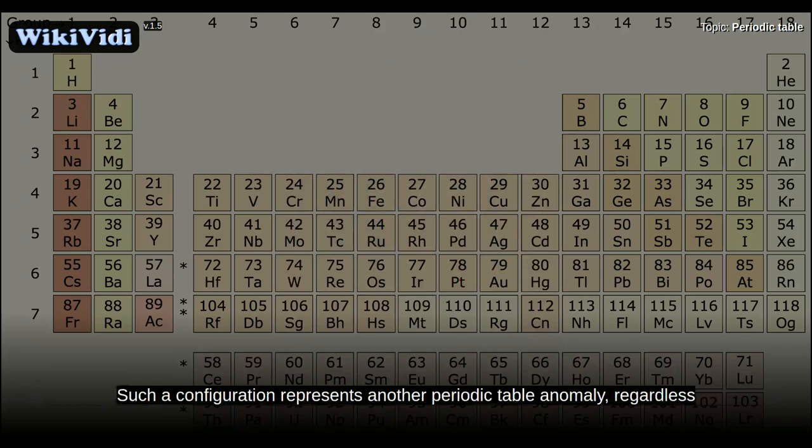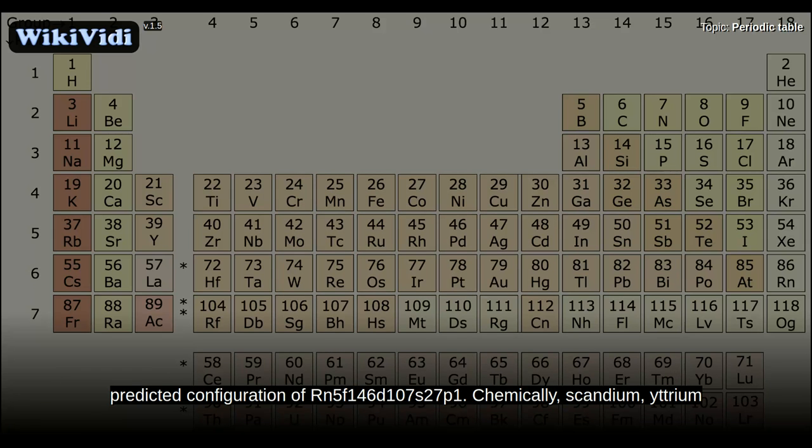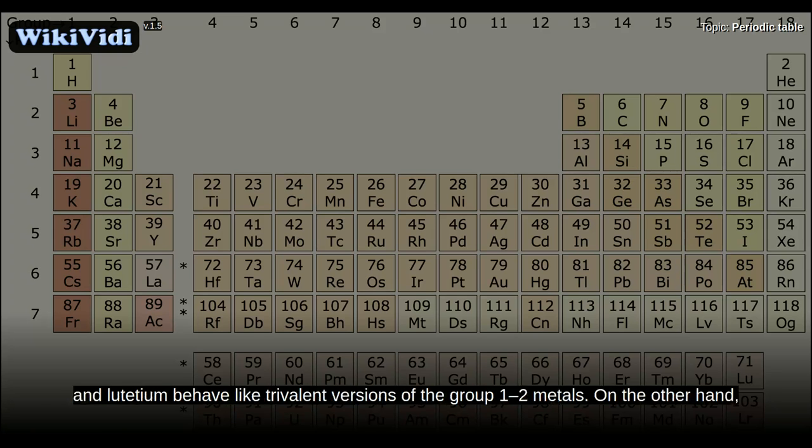Such a configuration represents another periodic table anomaly, regardless of whether lawrencium is located in the f block or the d block, as the only potentially applicable p block position has been reserved for nihonium with its predicted configuration of [Rn]5f146d107s27p1. Chemically, scandium, yttrium, and lutetium behave like trivalent versions of the group 1 to 2 metals.